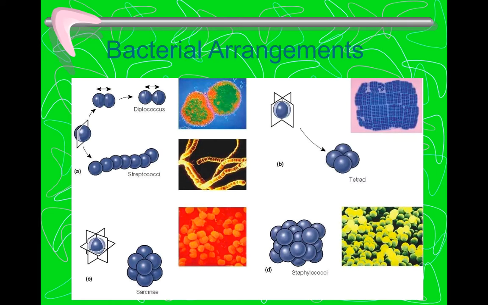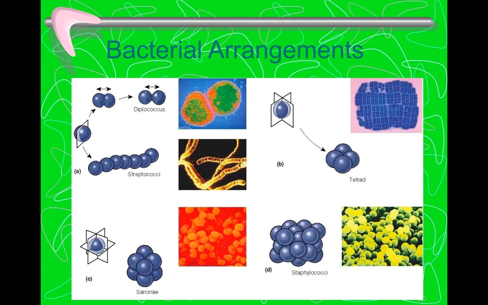All right, so we also have bacteria arranged in different ways. So we have the coccus. Remember, coccus means spherical. And we have Diplococcus and Streptococcus. So strepto means twisted chain. So this is a chain for Streptococcus, a chain of coccus.